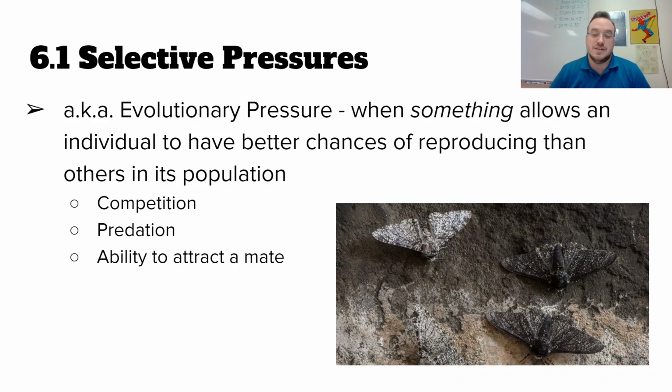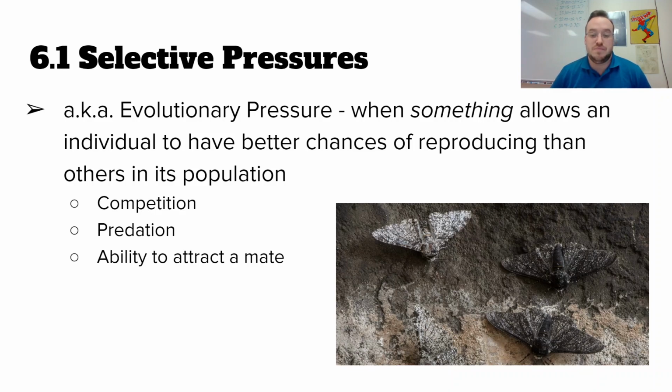So things like a peacock or a parrot that attracts mates based on the color of its tail. All right. So those kinds of things are going to impact how much traits are able to be passed down to the next generation. Because if you're unable to attract a mate, you're not going to reproduce. And if you're not reproducing, you're not passing on your traits to the next generation.